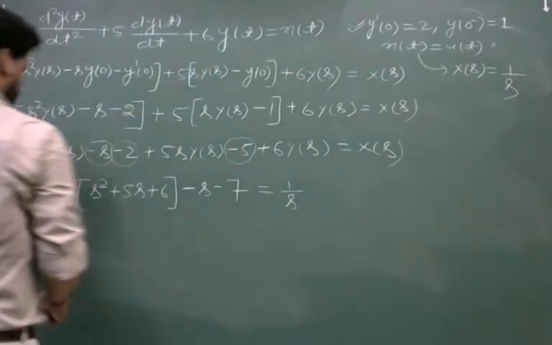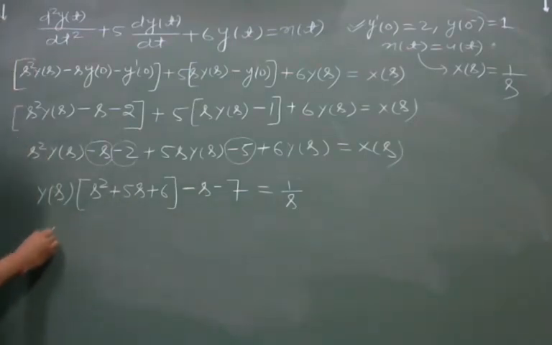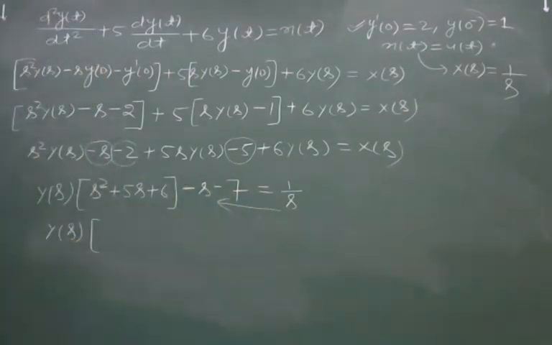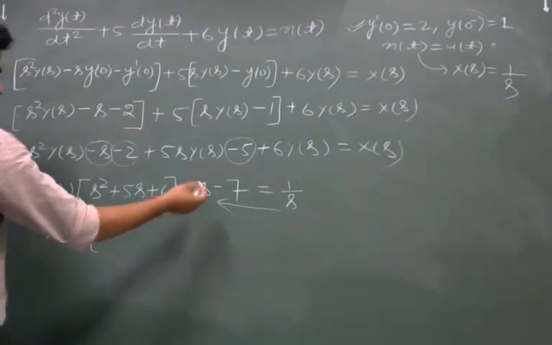So from here, y of s into, we will transfer this to the left side, or we can say that we will multiply with s on both sides of the equation.